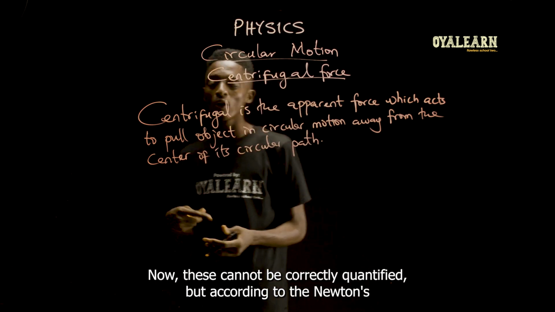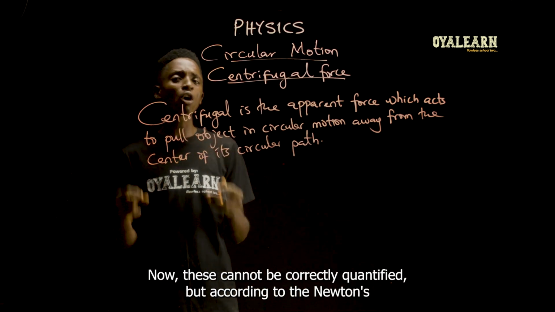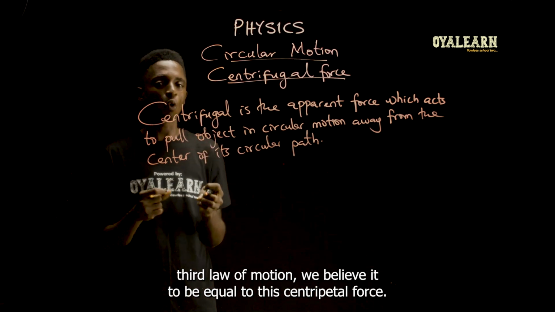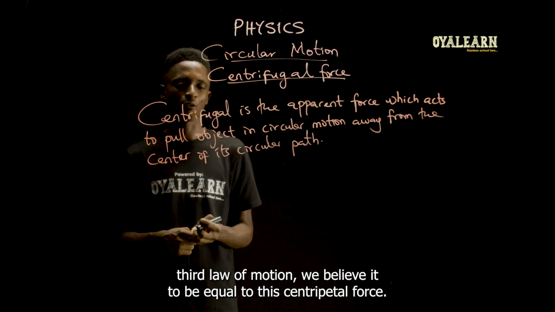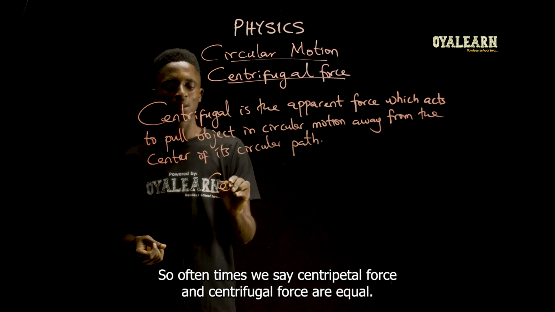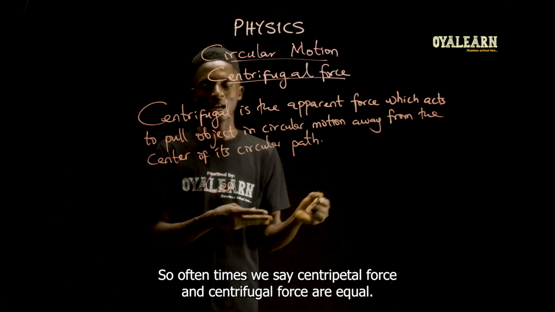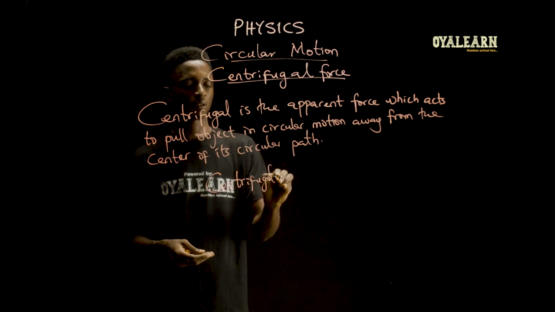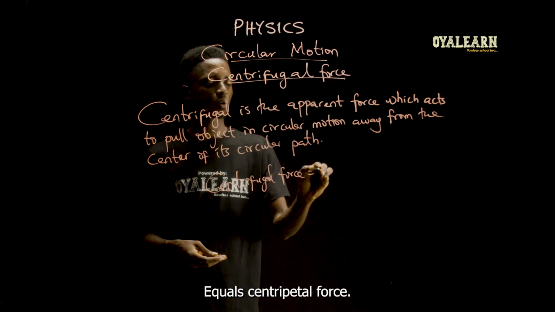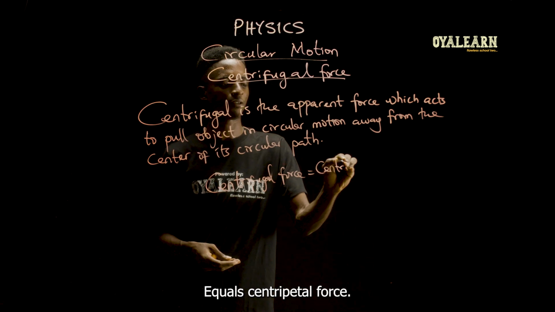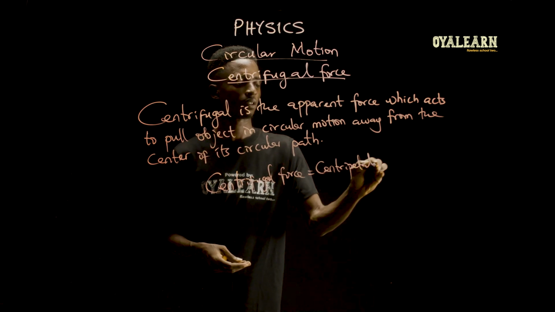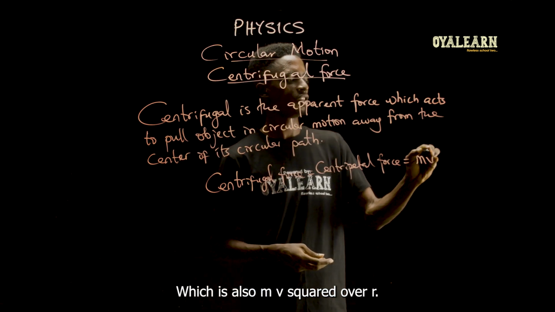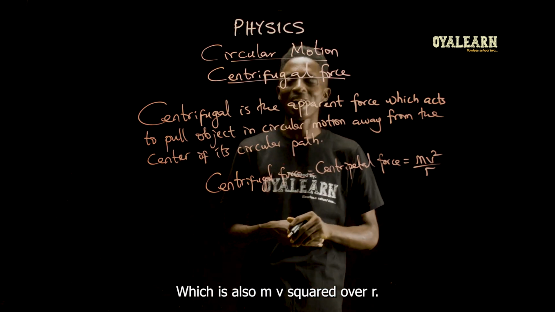Now it cannot be correctly quantified, but according to Newton's third law of motion, we believe it to be equal to the centripetal force. So oftentimes we say centripetal force and centrifugal force are equal. So centrifugal force equals centripetal force, which is also mv squared over r.